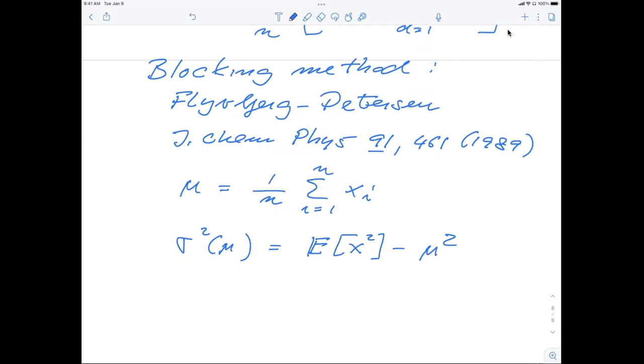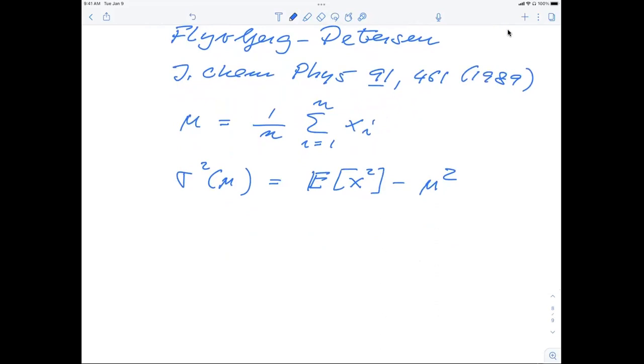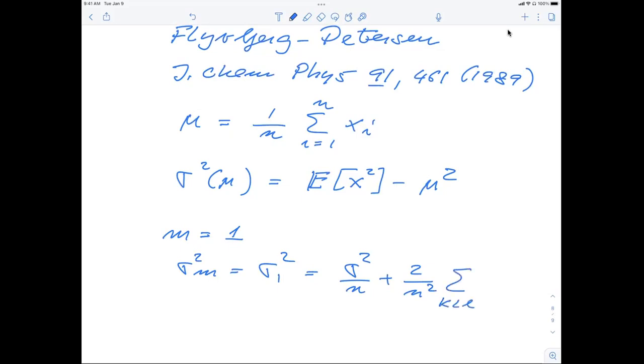Then if you move on now, suppose that we take this m, which we had previously, and put that equal to 1. So that means that our sigma squared of m is equal to sigma 1 squared, and this is equal to sigma squared divided by n plus 2 over n squared, and then we have this quantity which we called k less than L. So this is the starting point in the analysis of Flyvbjerg and Petersen.